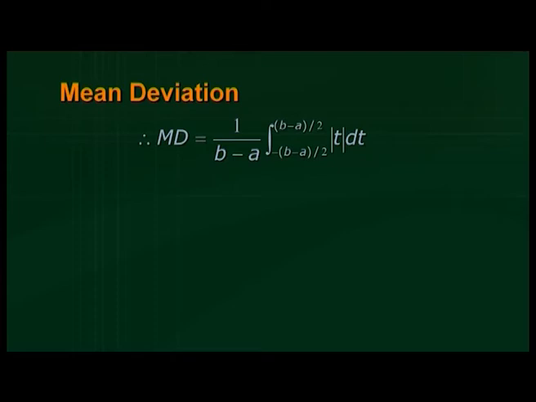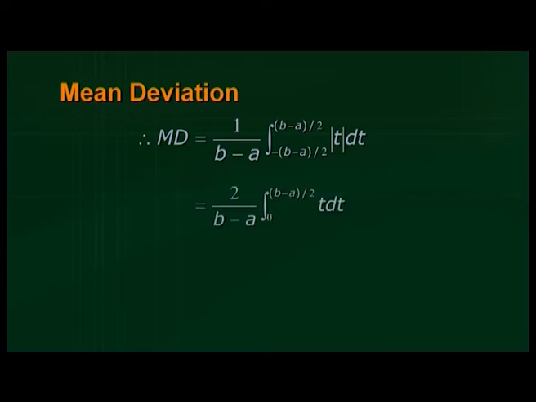Therefore, the mean deviation is equal to 1 divided by (b minus a) into the integral from minus (b minus a)/2 to (b minus a)/2 of |t| dt. Since it is an even function, we can change the limits to 2 times 0 to (b minus a)/2.